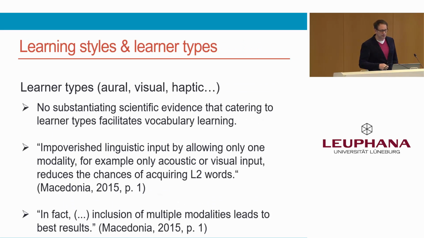And finally, I also found something that evidently doesn't work. I've heard about learner types a lot in the past, and I've always been told, yeah, you have to cater to each student's learner type. That's a nice idea.